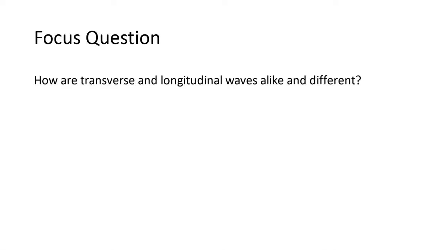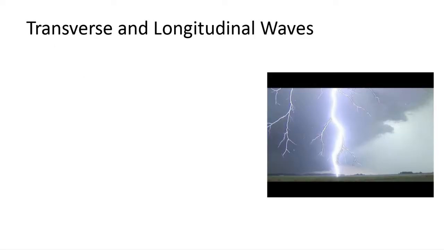And you've also learned the relationships between amplitude and energy and frequency and wavelength. The more energy there is, the higher the amplitude. The higher the frequency, the shorter the wavelength. The lower the frequency, the longer the wavelength. And so this week, we're going to look at how transverse and longitudinal waves are alike and how they're different.